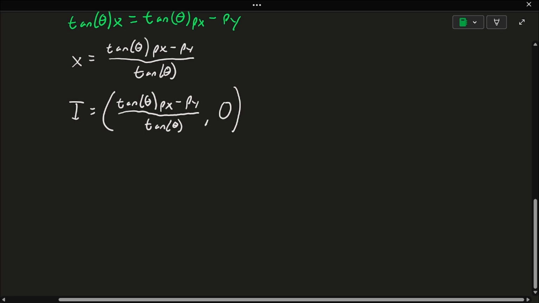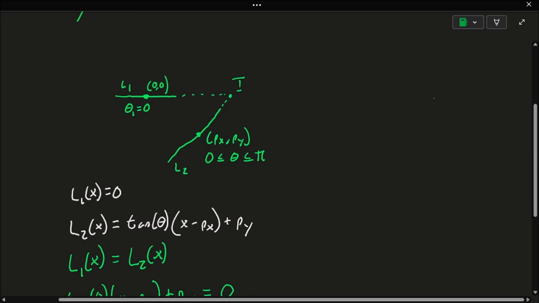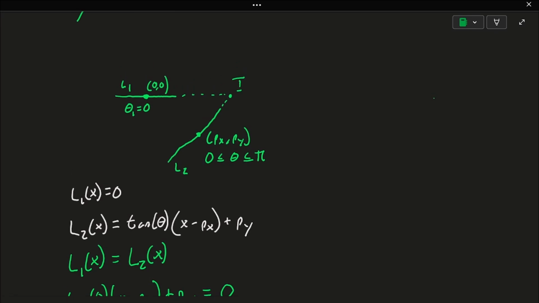So now we should probably start setting up our inequalities, and this is where I will address the finite length of our needles. So there's a couple of rules for what defines an intersection between these needles. The first is that the distance from our first needle's center point to our intersection point has to be less than 0.5.